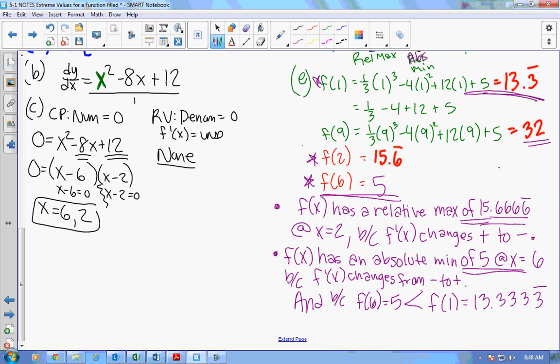So if it's absolute, make sure you prove that it is the lowest or the absolute min or max compared to relative. And the last one, f of x has a, which one am I missing? Okay, Reed, what do we call this one?